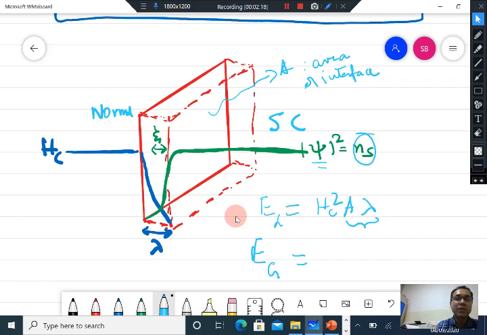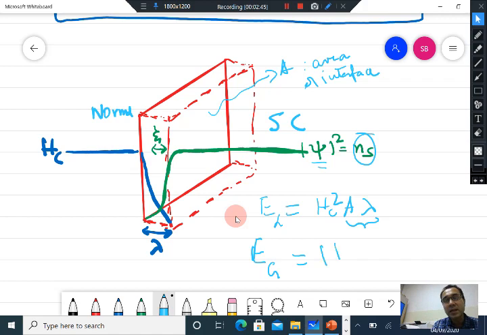So it is transforming from a superconducting state to a normal state, and over this length xi, the Cooper pairs will undergo splitting. The Cooper pairs will split, and then they will form single electrons and ultimately become the normal state. So as it goes from the superconducting state to the normal state, there is a gain in energy, because the free energy of the superconducting state is lower than that of the normal state.